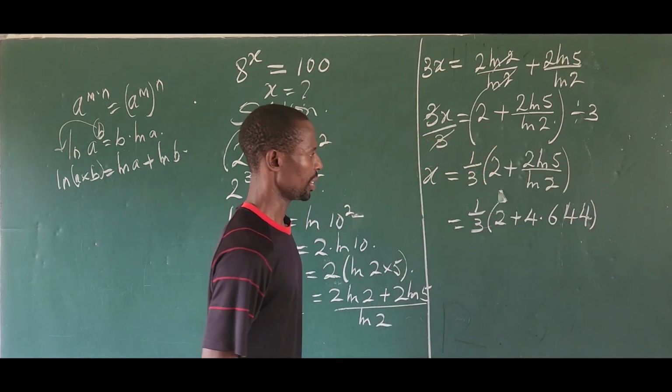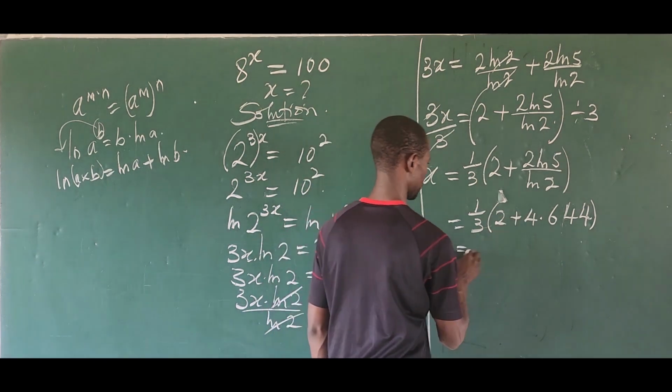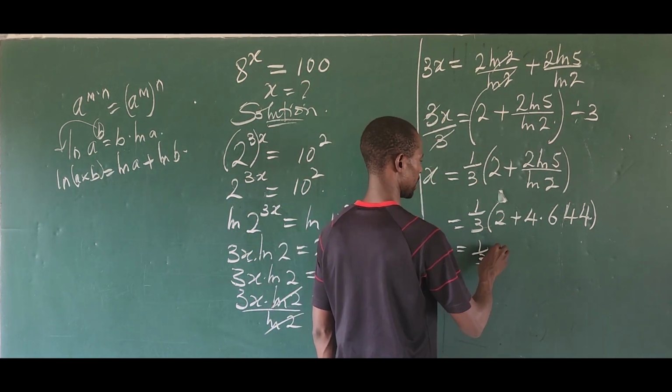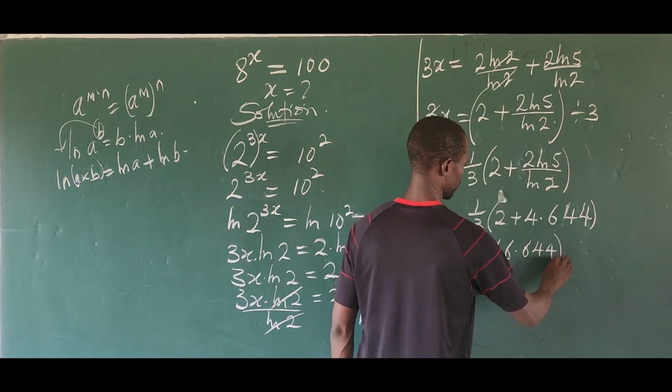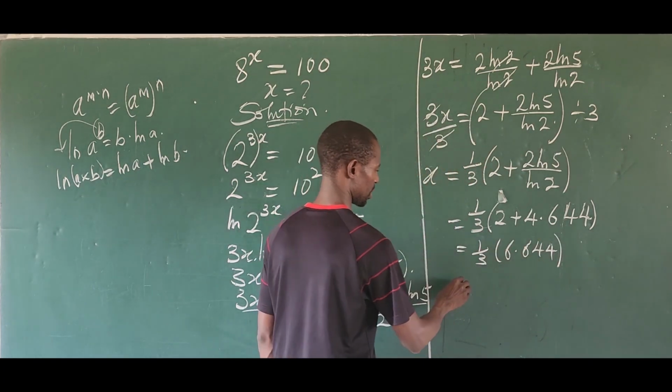Then here we can add this up to give us 1 over 3 times 6.644.